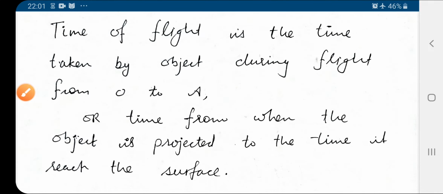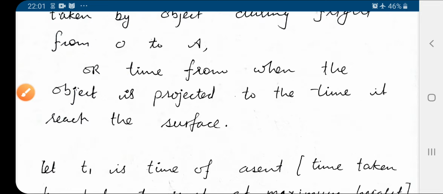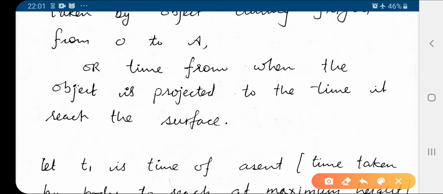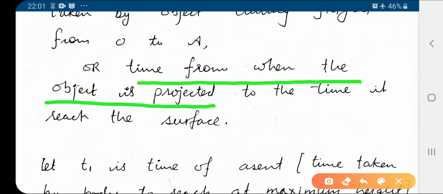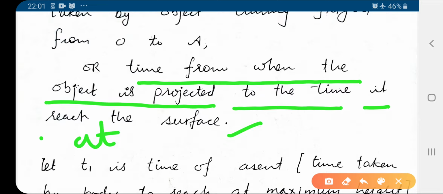In other words, you can also define it as the time from when the object is projected to the time it reaches at the surface. So that is the time of flight.